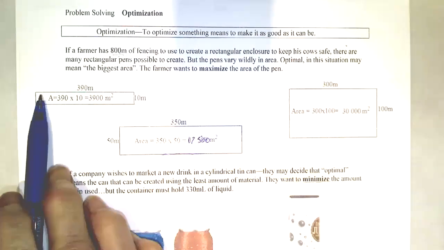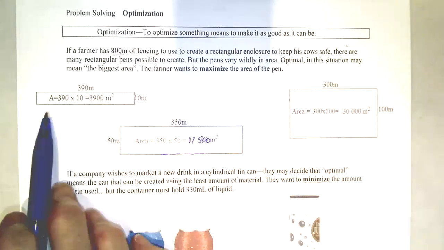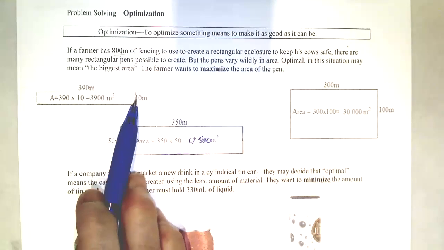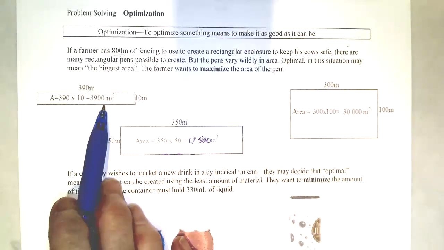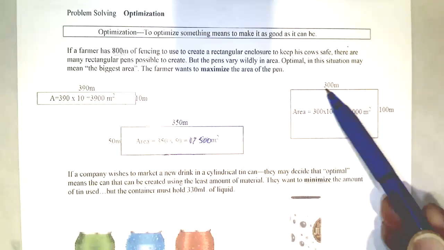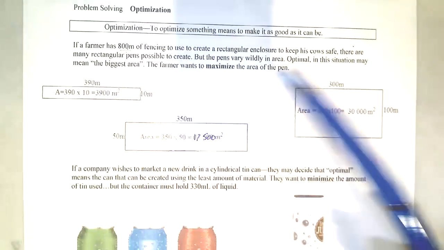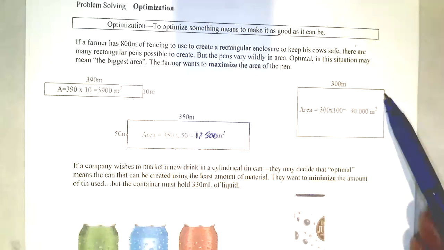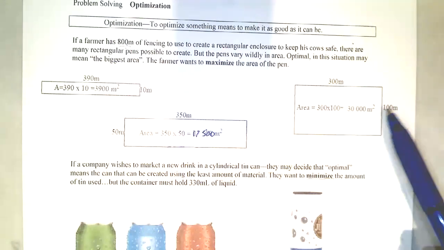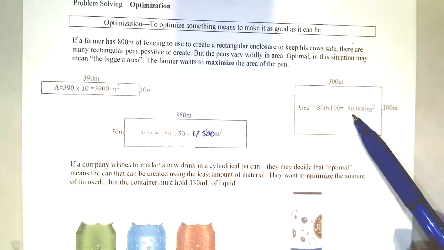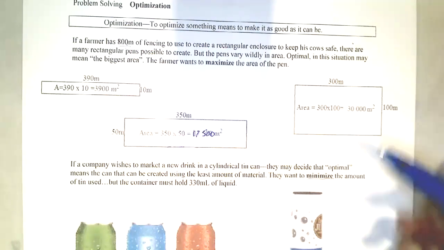So if you made a rectangle where you use 390 meters of fencing here and here, 10 on each end, that's 800 meters of fencing, relatively small area. But if you make this 300 instead of 390 on each side and 100 instead of 10, you've used 800 meters of fencing, but the area is now almost 10 times as much, 9 times as much.